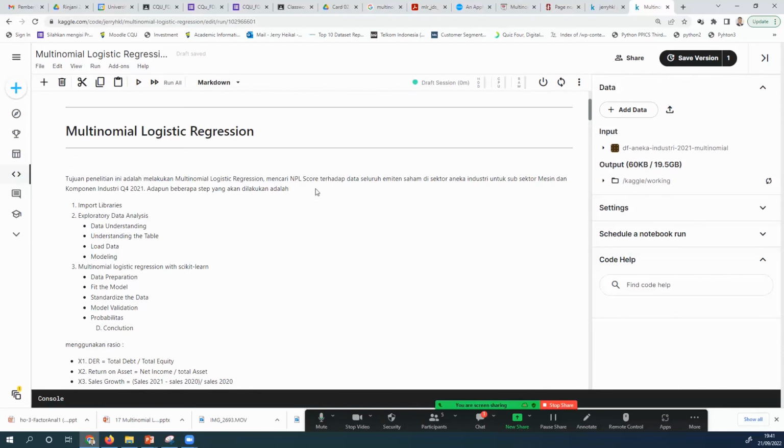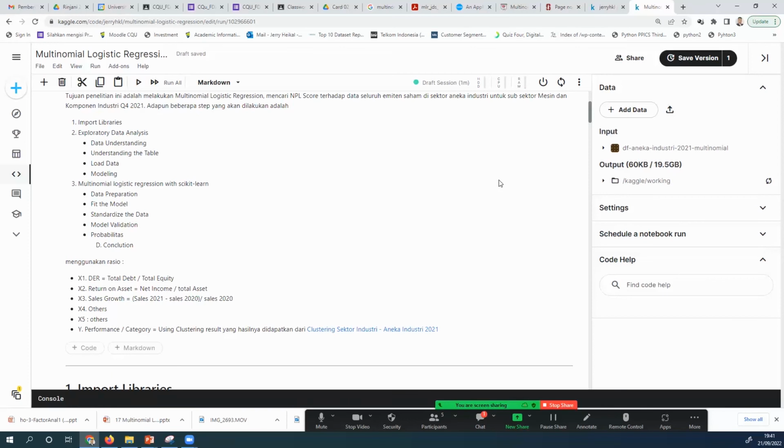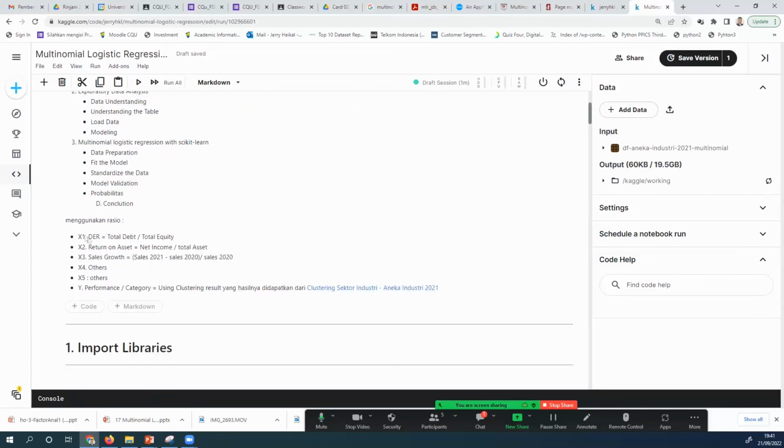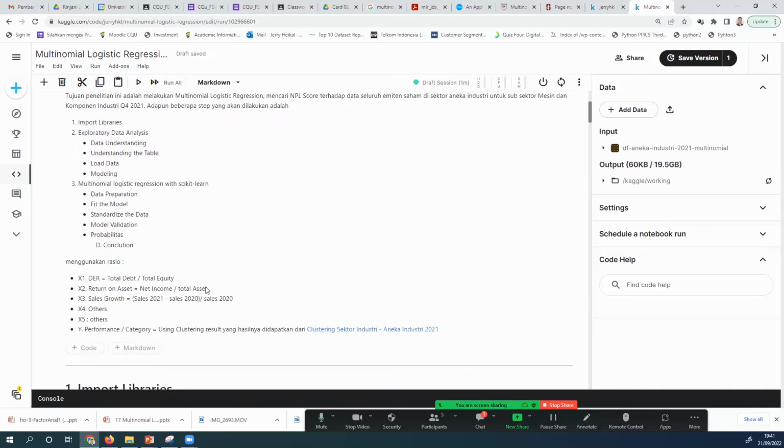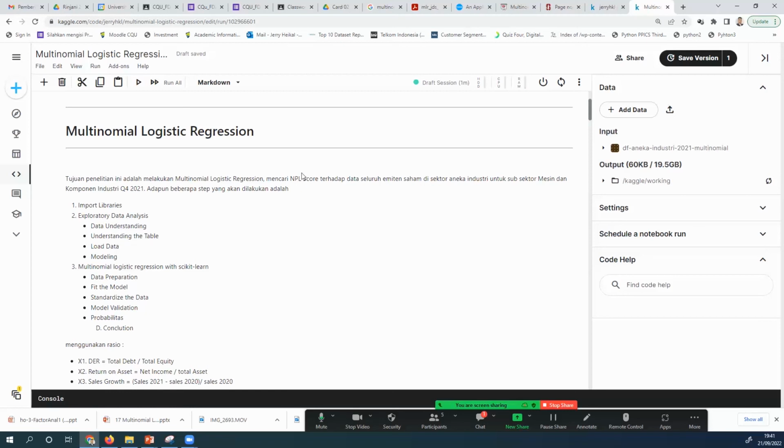The NPL score is the non-performing loans of all the stocks in the machinery industries. So we have the debt to equity ratio, return on asset, sales growth, and others. The Y will be NPL. In NPL there is 1, 2, 3, 4, and 5.